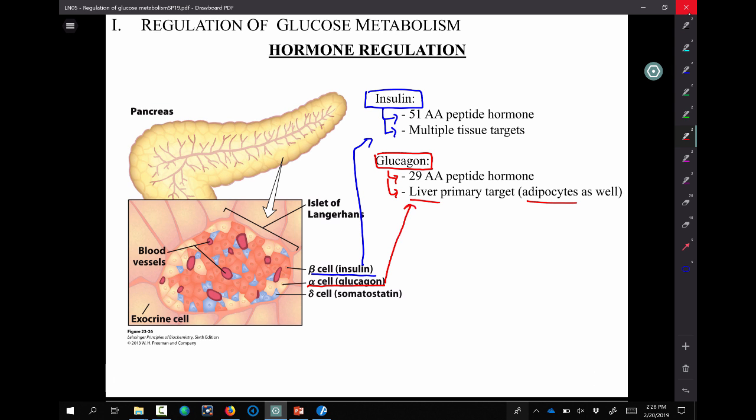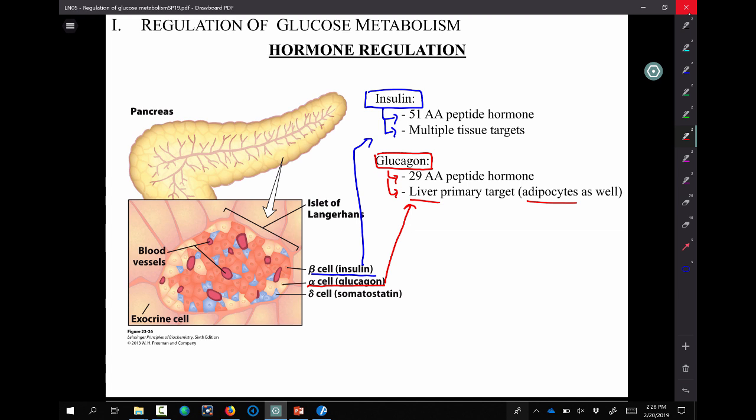We won't talk about somatostatin in this class, but that's also an important hormone regulator. So those are our two hormones that we'll spend quite a bit of time talking about in this class, moving not just into carbohydrate metabolism, but all the way into lipid metabolism, not so much in amino acid metabolism, but certainly in lipid metabolism.